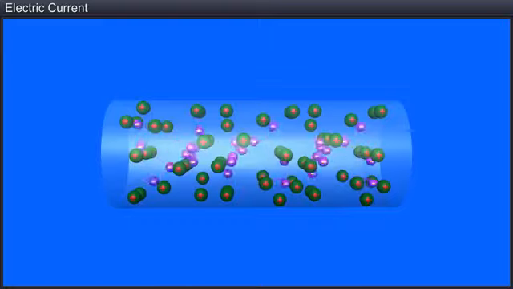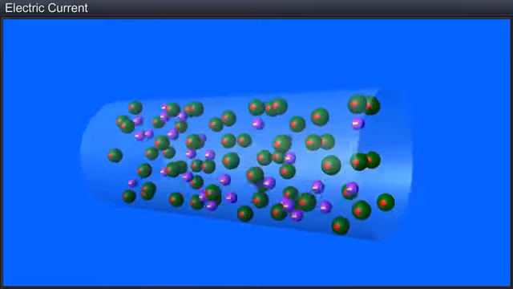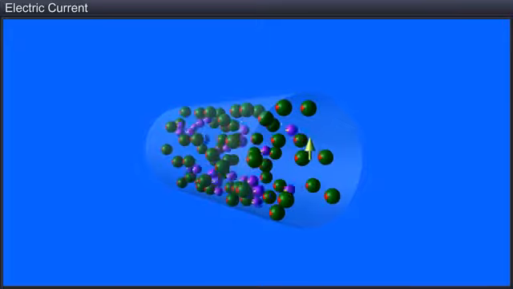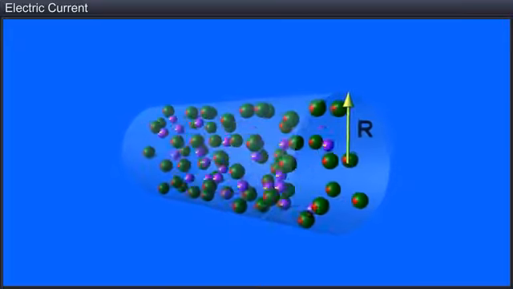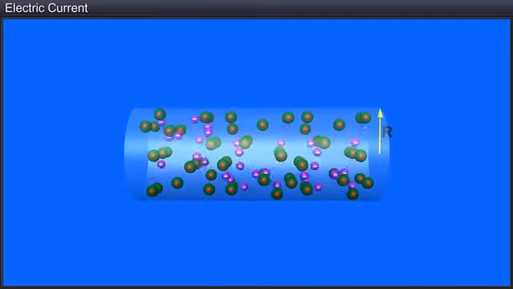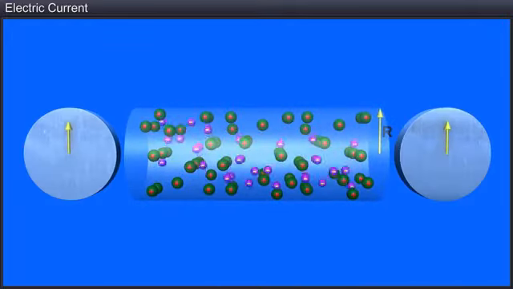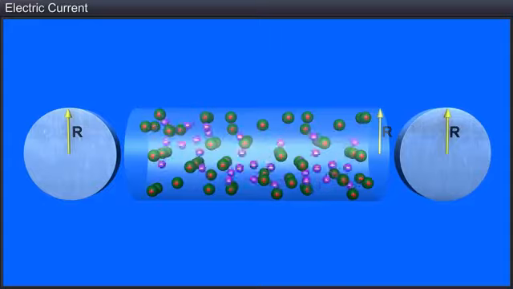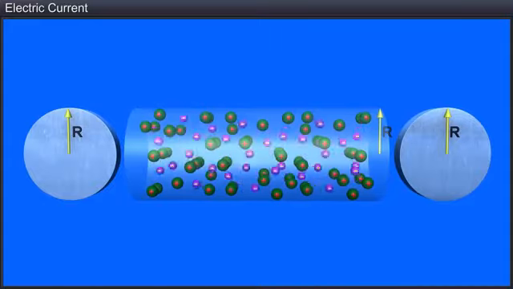To observe the motion of electrons very clearly, let us use a conductor in the shape of a cylinder of radius r. We take two thin circular discs made of a dielectric material of the same radius r as that of the cylinder.